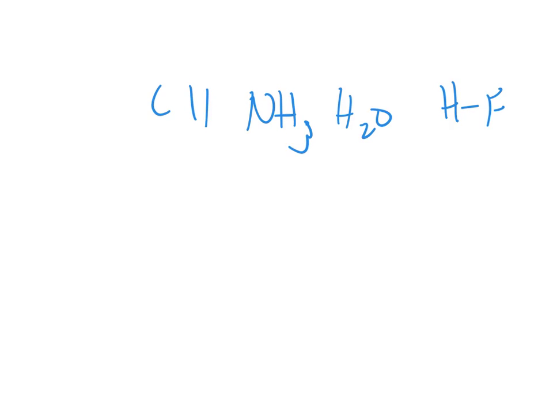So now the easiest one for me to do and to rationalize is if we look at that second row. So we have HF, and we just go next door, there is H2O. Next door to that is ammonia, NH3, CH4, and so on and so forth.